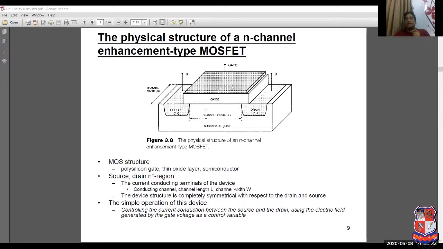If there is a path between source and drain in which the electrons can flow, then conduction takes place, meaning your entire MOSFET starts working. For that, you need to create a channel, because the channel is not ideally created when there is no gate voltage in the case of the enhancement type MOSFET.